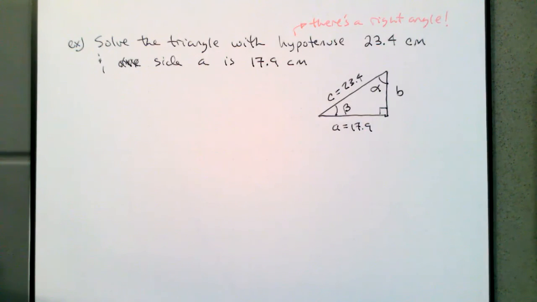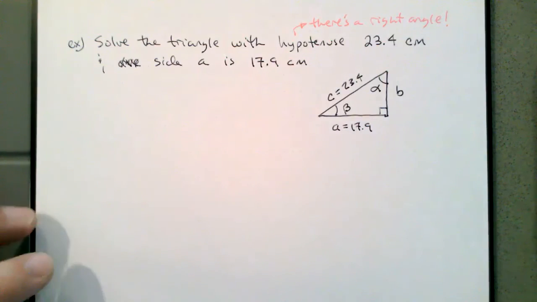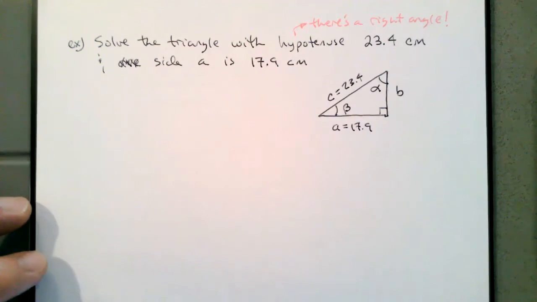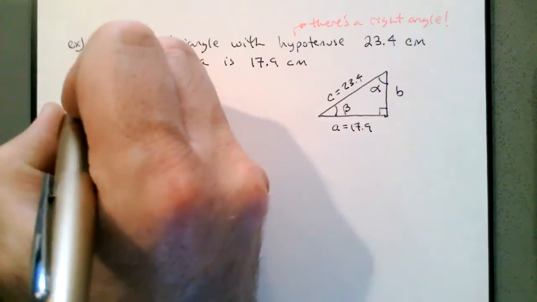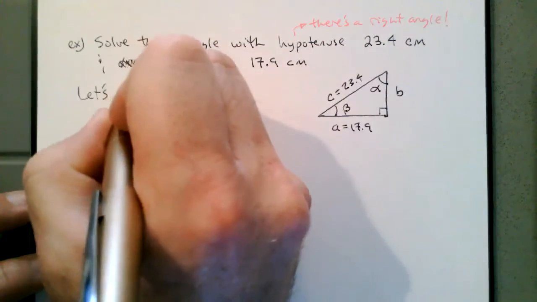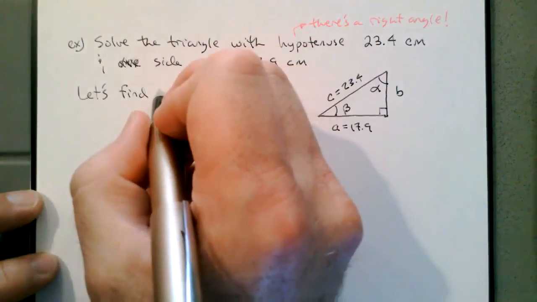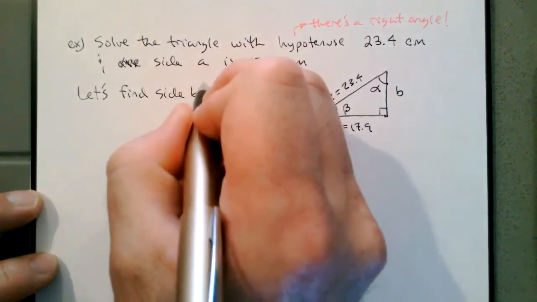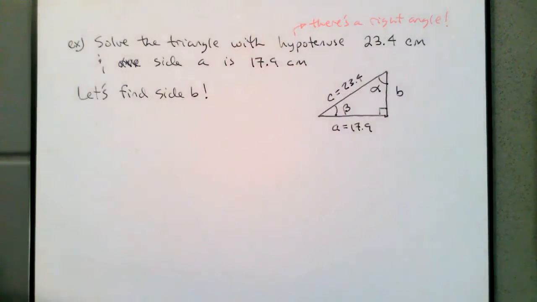Both of those represent given information. So we can use the Pythagorean theorem to find side B. We can start anywhere, but Pythagorean theorem is the first thing that we learn through all this. So let's use that first.